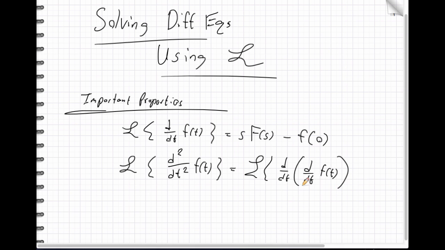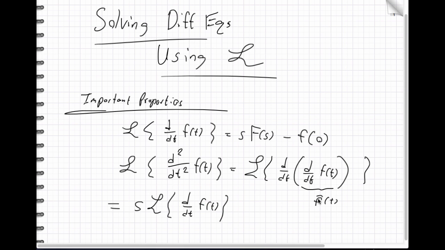Imagine we're really taking the derivative of some function, hiding the other derivative inside. So I set that equal to s, because of the derivative, times the Laplace transform of d dt f of t.